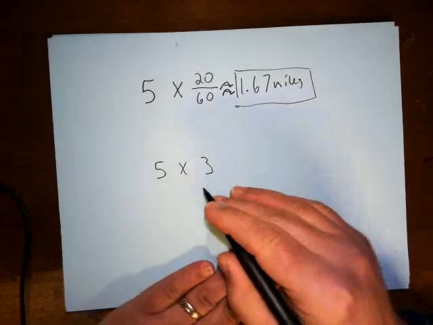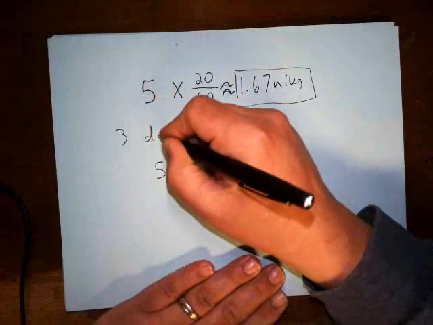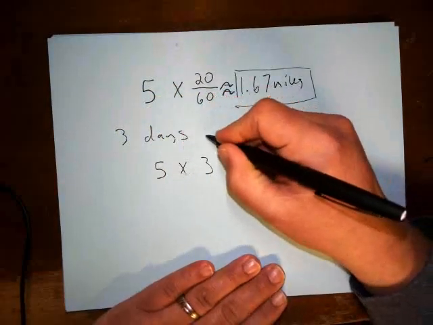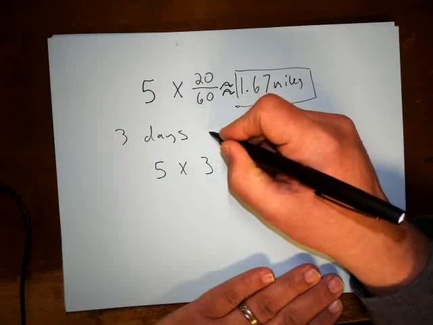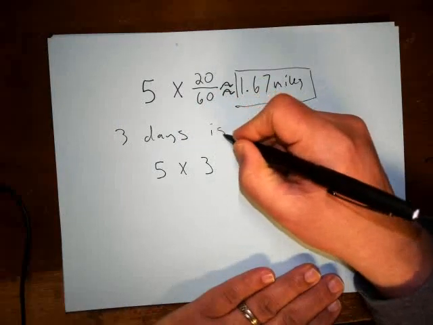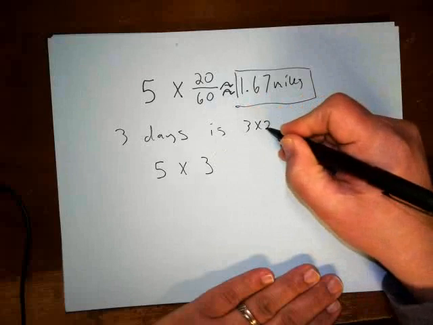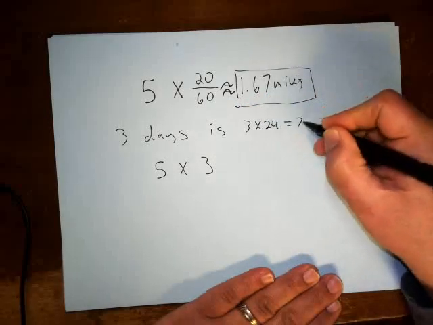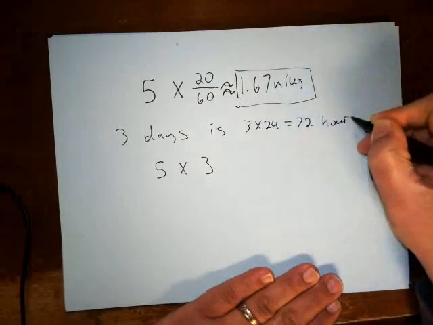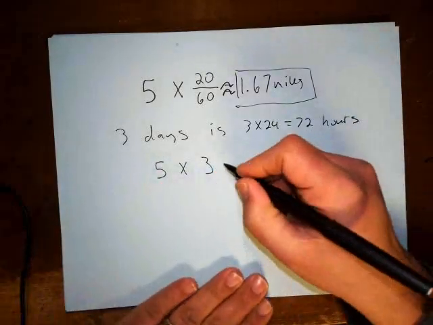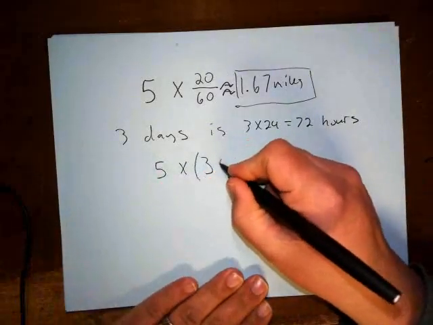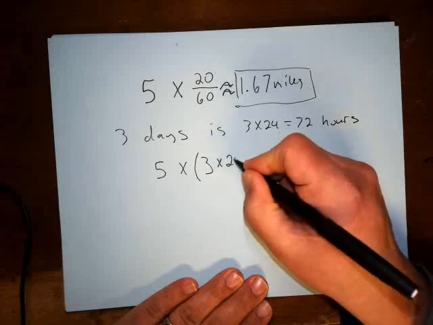So what I got to do is I got to take 3 days and I got to convert that to the number of hours. 3 days is 3 times 24, which is equal to 72 hours, right? 3 days is 72 hours. So what I can do is I can say 5 times 3 times 24.